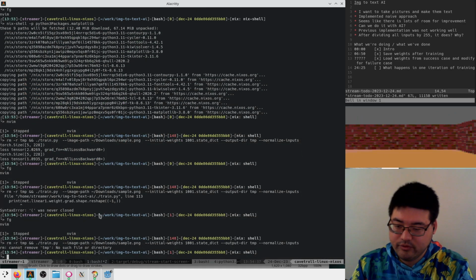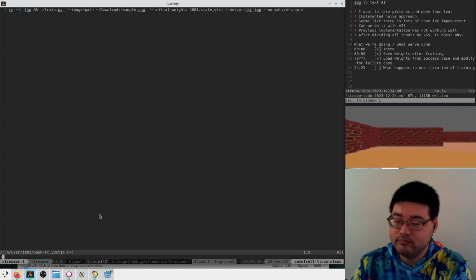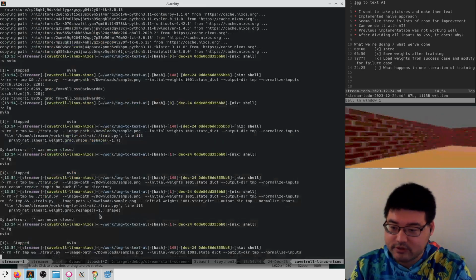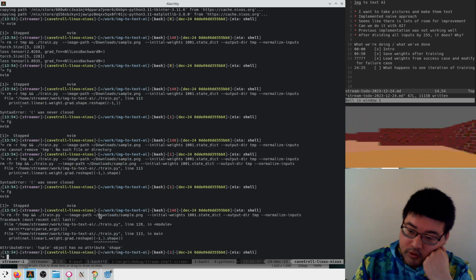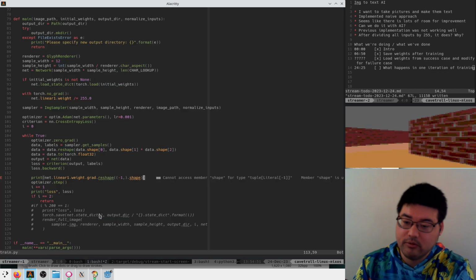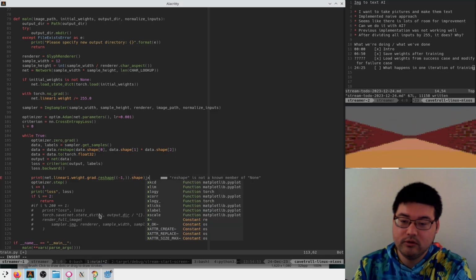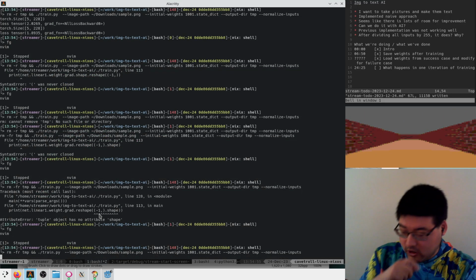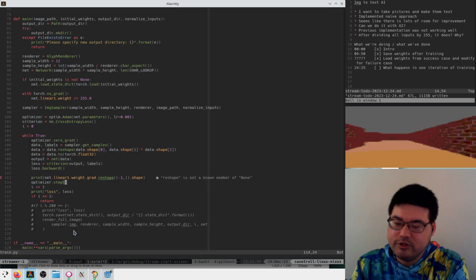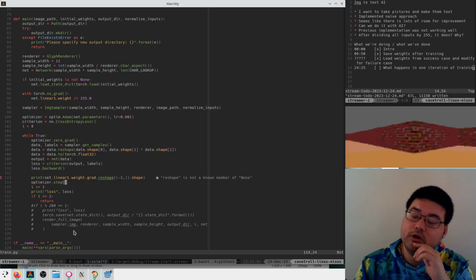I don't actually know. It's missing a close bracket. Nice. Okay, so we'll try it again. Tuple object has no attribute shape. Oh, I just put this on the wrong side. Oops. Brackets are hard. Okay, cool. So that reshape is legal, and then we should just be able to plot that.